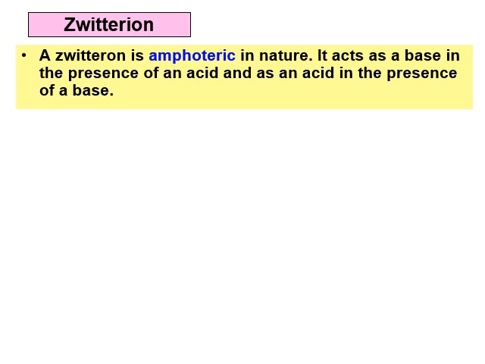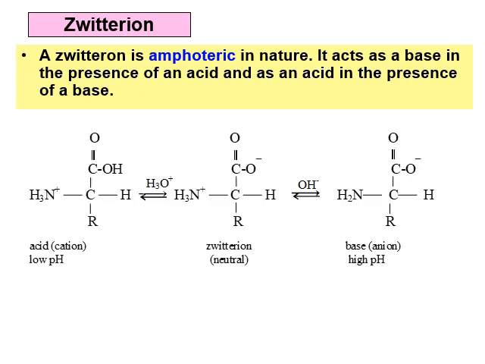So zwitterion is amphoteric in nature. It acts as a base in the presence of an acid and acts as an acid in the presence of a base. So you can see here, when it is zwitterion, it is neutral. When it's in basic medium, the NH2 remains unchanged, but the COOH will donate its proton because it is in basic medium. What will happen to acid in basic medium?